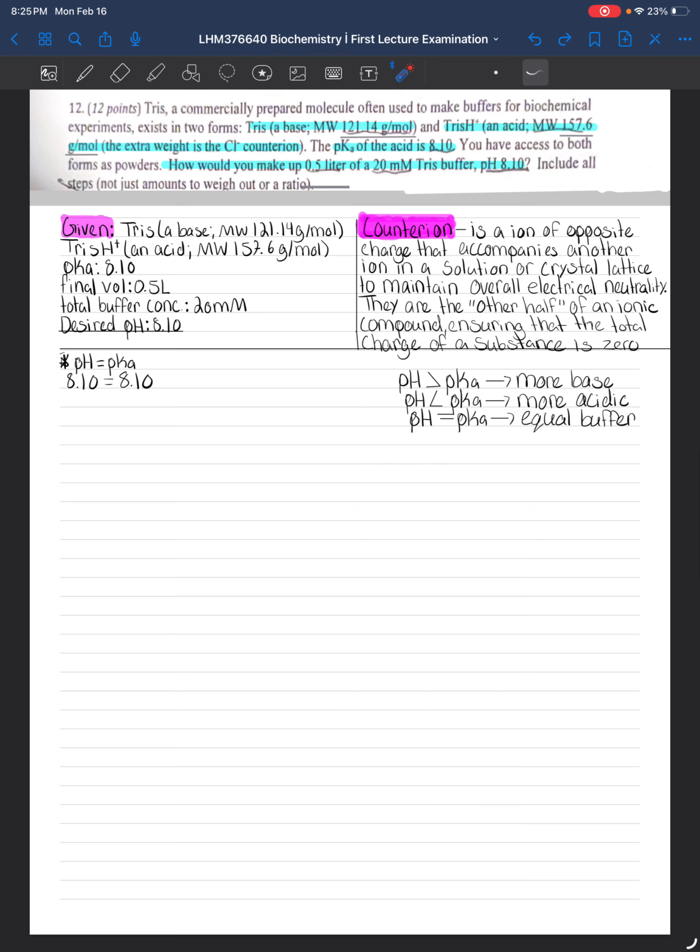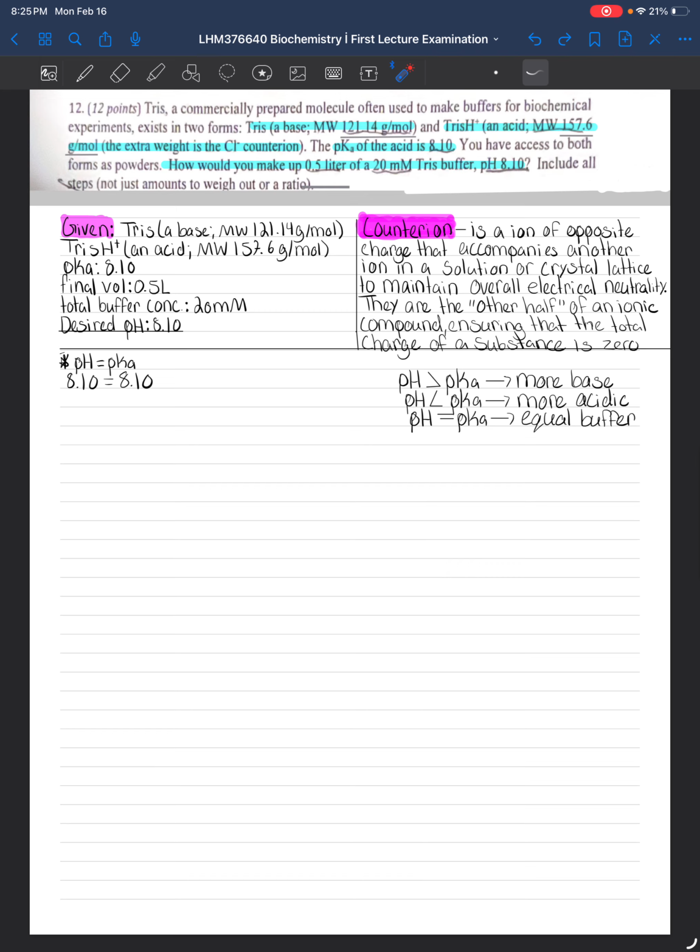And I want to point out something for you guys here. The pKa and the pH actually have the same value, right? That means the pKa and the pH are equal to each other. I just wrote a rule that we can remember: when the pH is greater than the pKa, it's more basic.